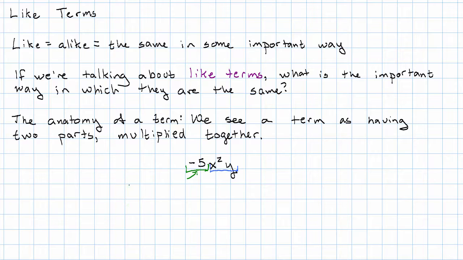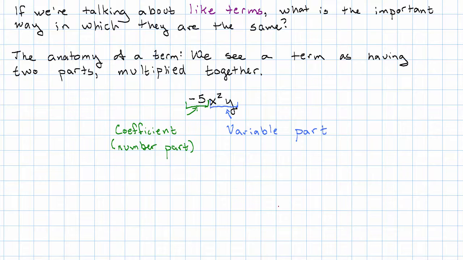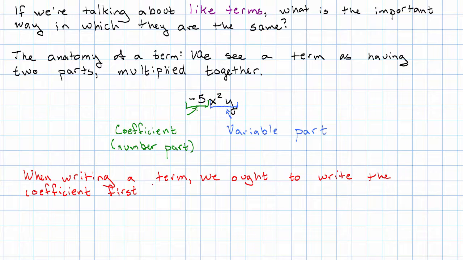The number part of the term is called the coefficient. Everything that is not the coefficient is the variable part. When writing a term, we ought to write the coefficient first. But like many things we ought to do, occasionally we don't.